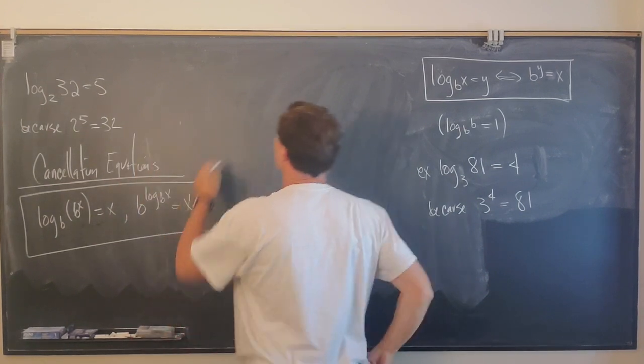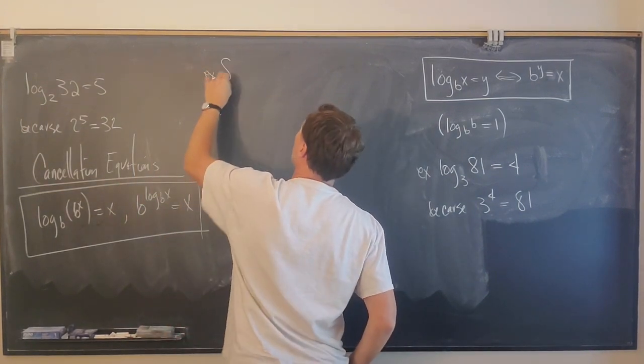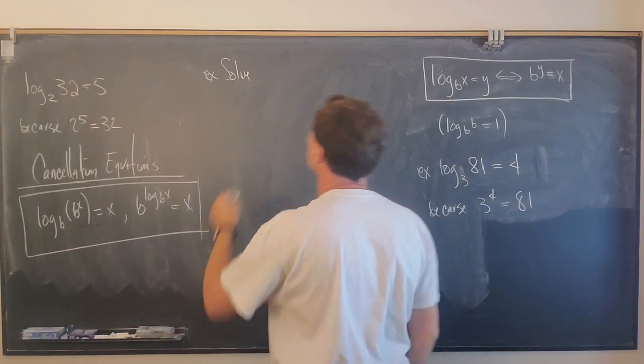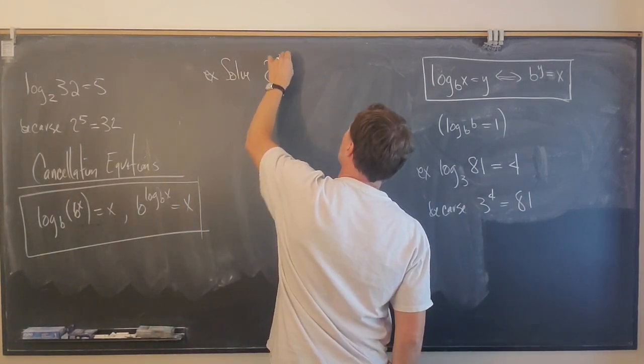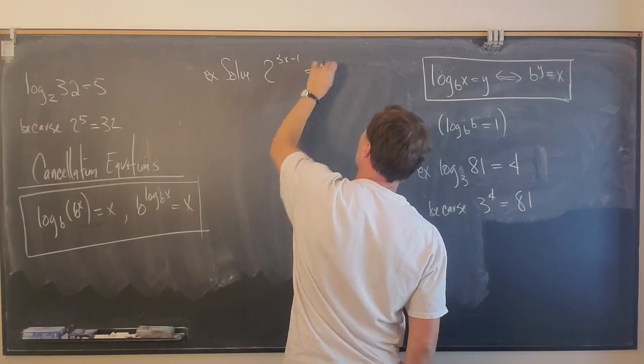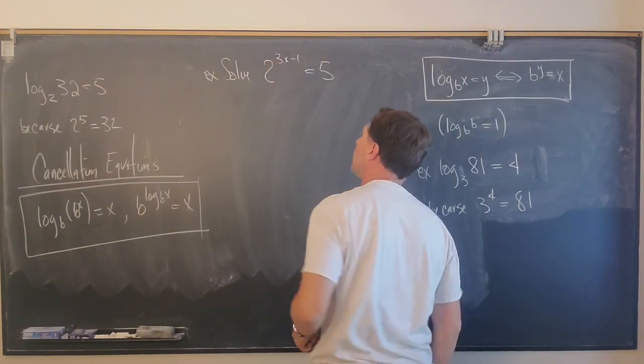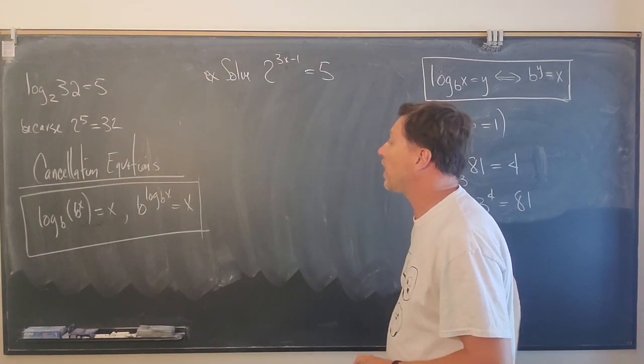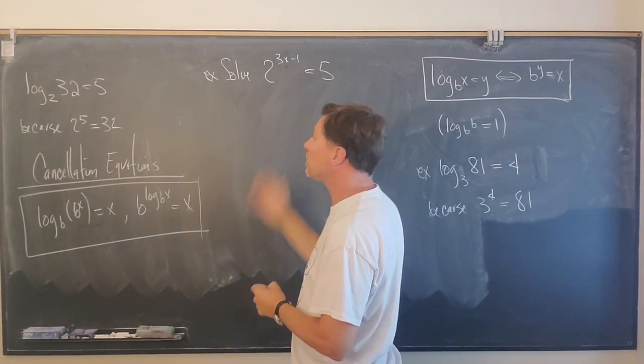So, for example, let's solve the equation 2 raised to the 3x minus 1 equals 5. Here we need to figure out what x value satisfies this equation. The way to do this is to use a log function.